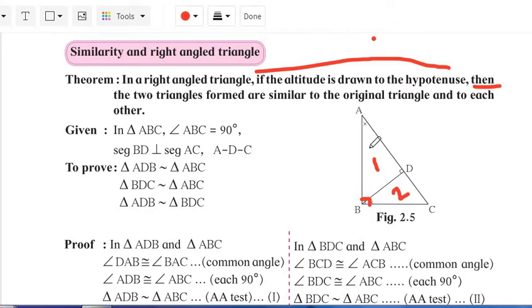Suppose I take this triangle A, B and C. Now see, suppose I consider this angle A as cross, angle B is 90, and suppose angle C means 0.